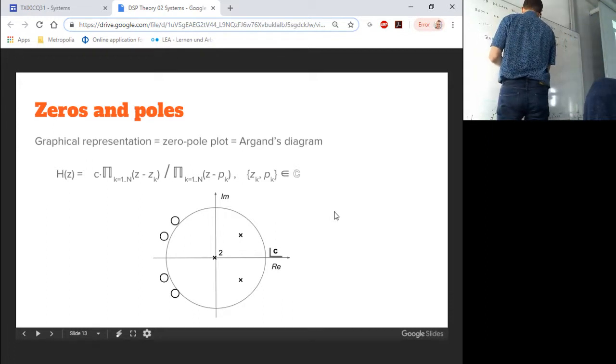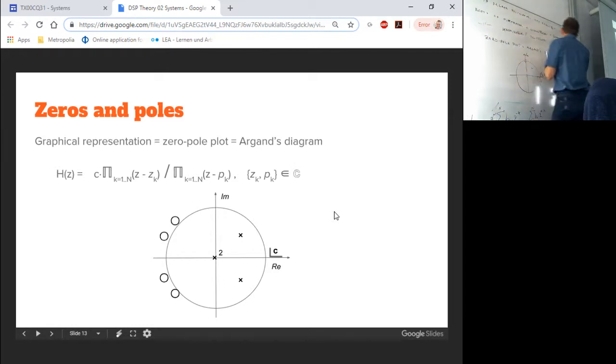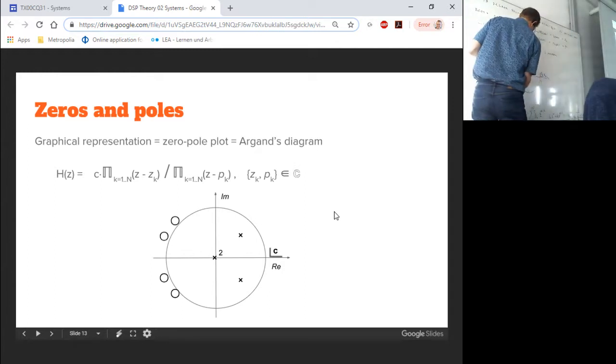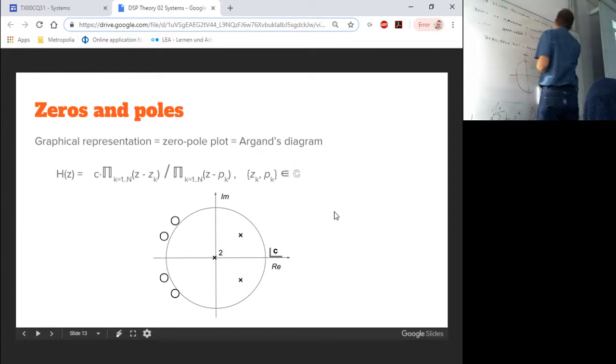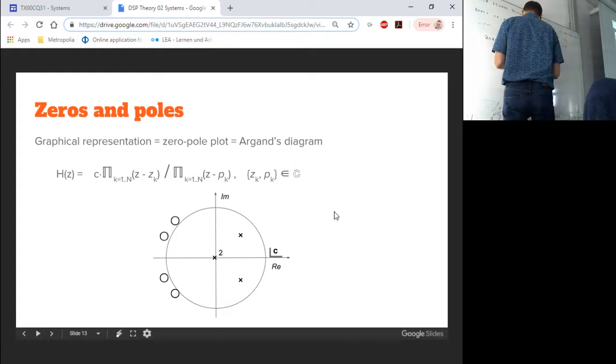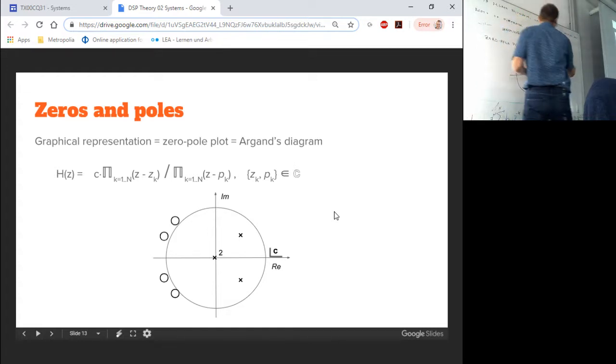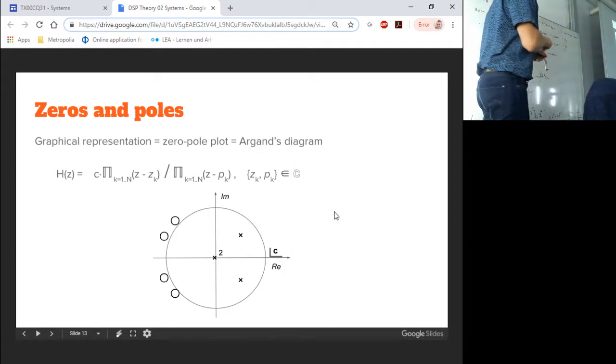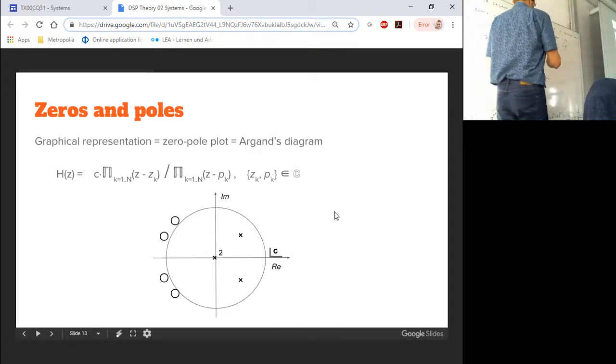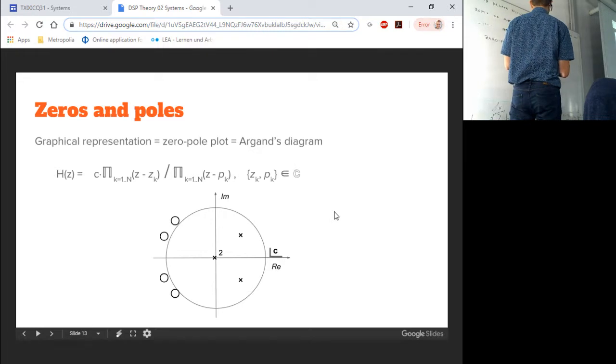Those are poles. Let's make it that way. Zeros usually on the unit circle and poles inside of the unit circle. All right, because of the stability.